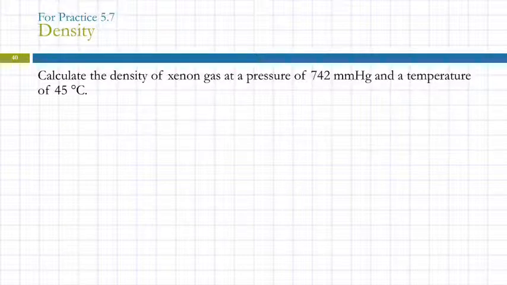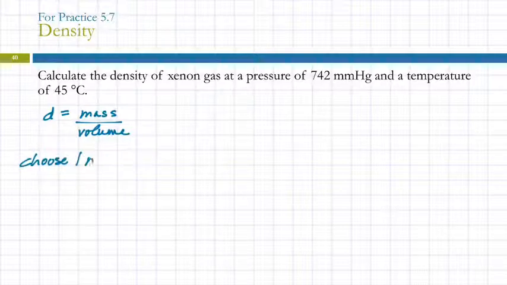Calculate the density of xenon gas at a pressure of 742 millimeters of mercury and a temperature of 45 degrees Celsius. This is not at STP, so we can't use 22.4. It says calculate the density. So I said, well, density is the mass divided by the volume. So I'm going to choose 1 mole because that makes all the calculations easier.